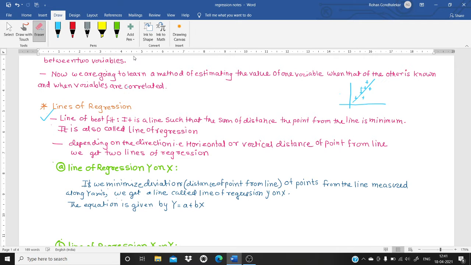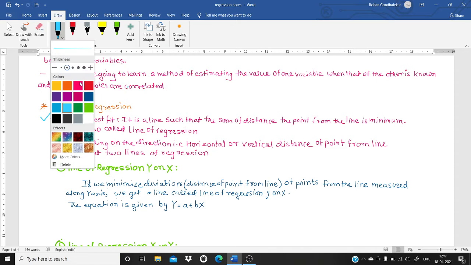Now, when you call the line a best fit, for each point, I can measure the distance of the line from the point either horizontally or vertically this way. Okay, I'll go with a clearer diagram.